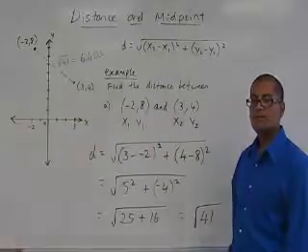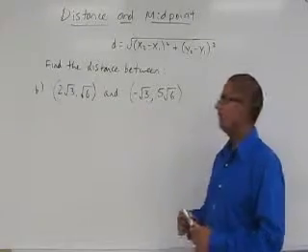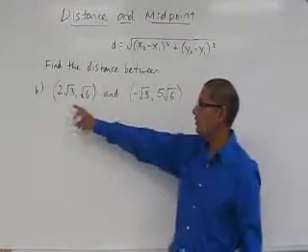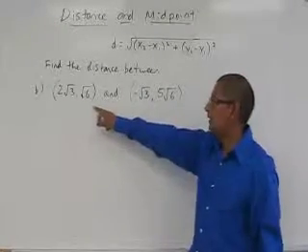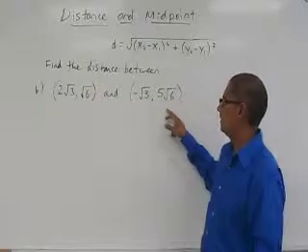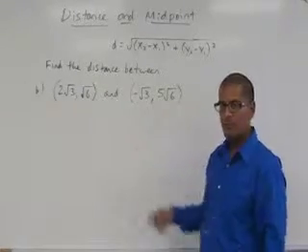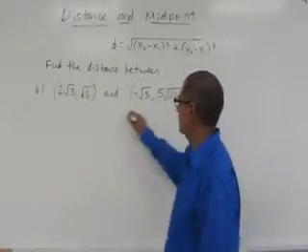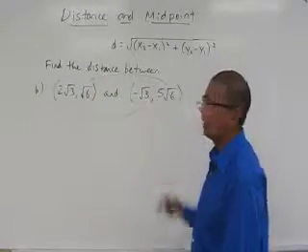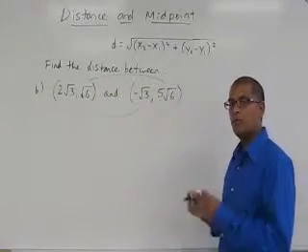Let's take another example. In part B, we want to find the distance between these 2 points, 2 root 3, root 6, and negative root 3, 5 root 6. We take the difference in the x's and square them, take the difference in the y's and square them, add them up, and take the square root.